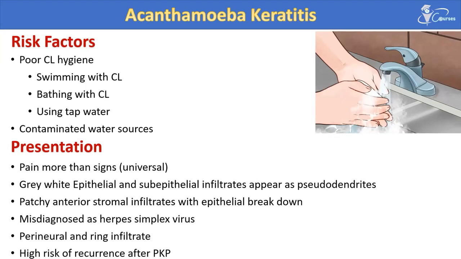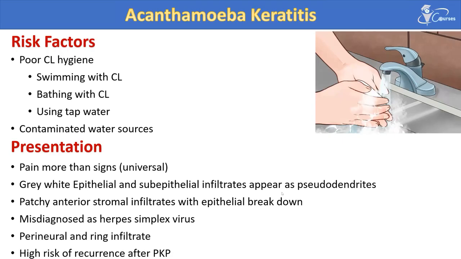Then the acanthamoeba tries to infiltrate the epithelium and subepithelium. So they will cause grayish whitish epithelial and subepithelial infiltrates. At this level, this can sometimes be confused with viral keratitis.